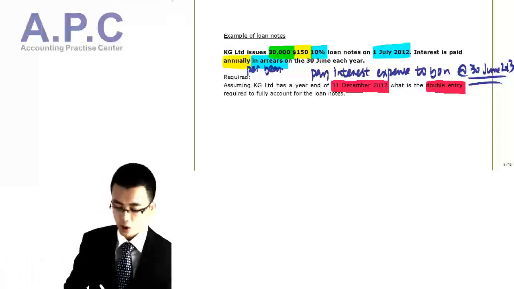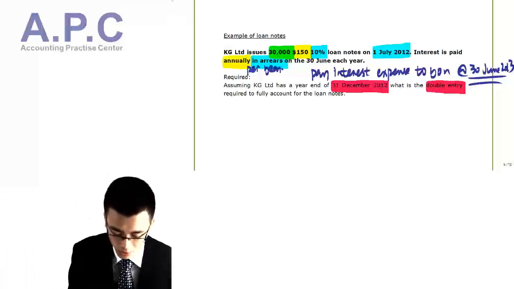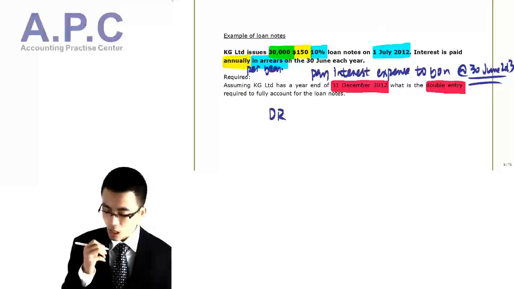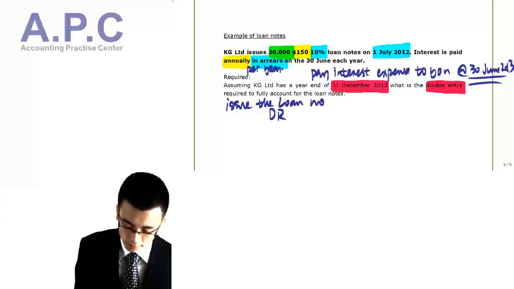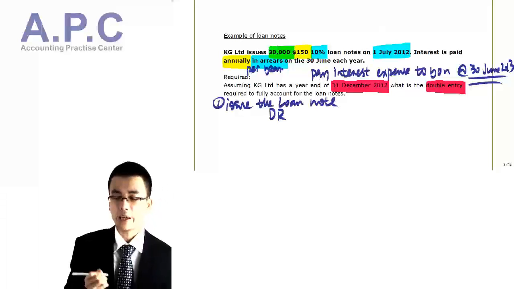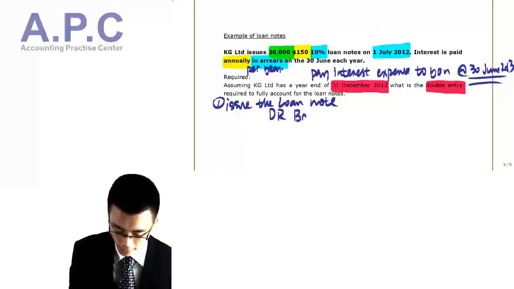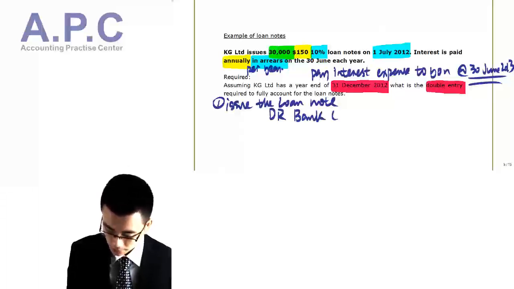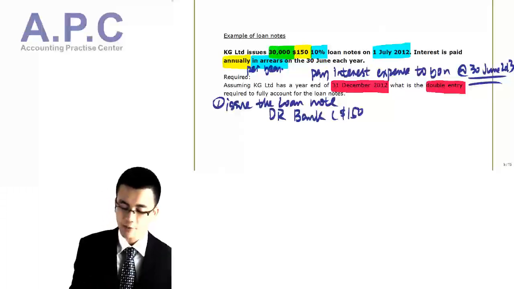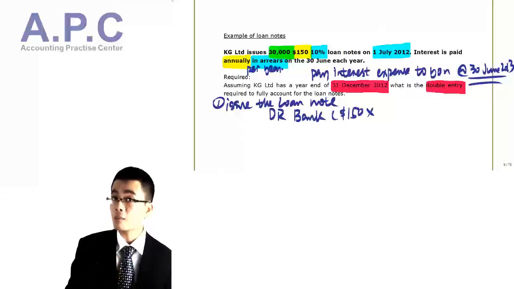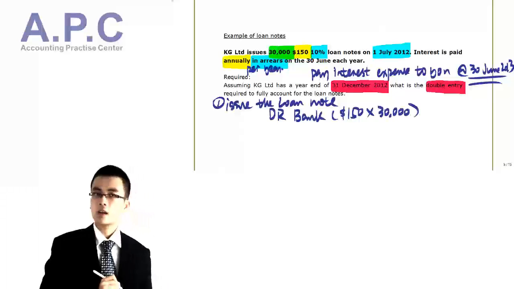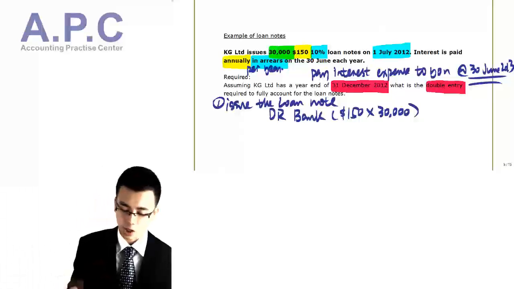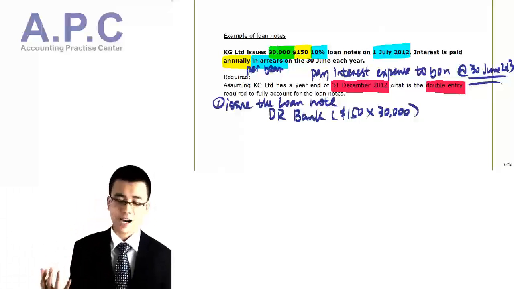So how can we show the double entry then? When we issue the loan notes, we immediately receive into the bank $150 at par value multiplied by the 30,000 loan notes, which gives a total of $4,500,000 cash received by KG Limited.